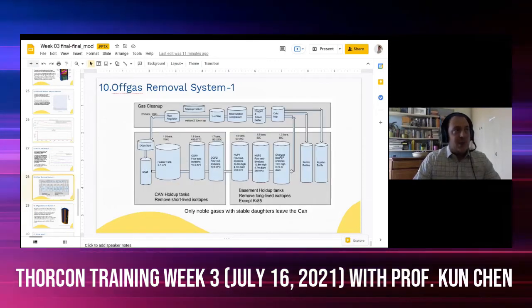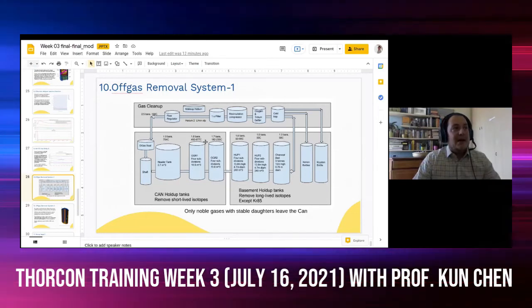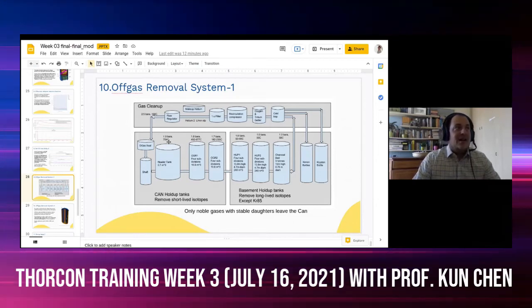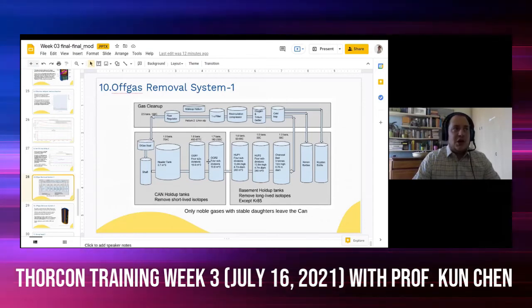The gas follows a rather long path. Bear in mind that most of the decay heat by far is released in the header tank and then in the first OGR.